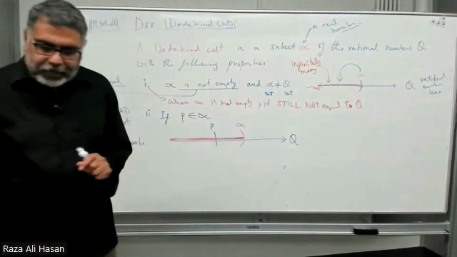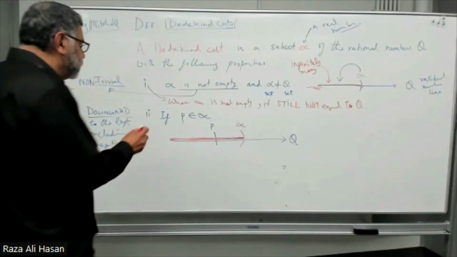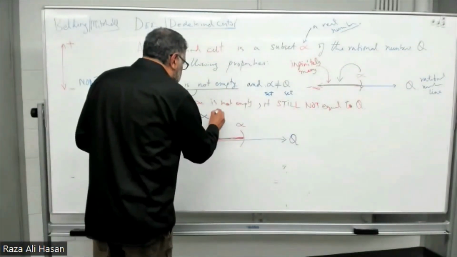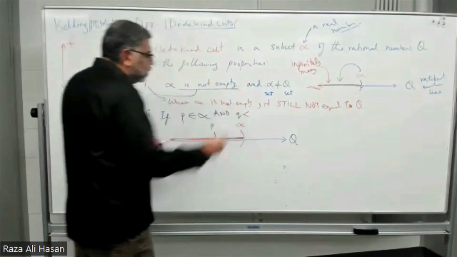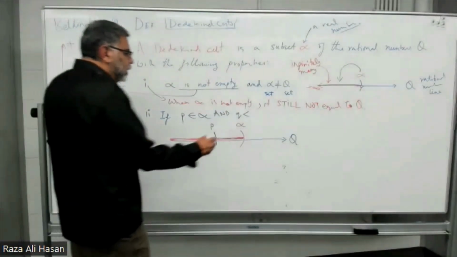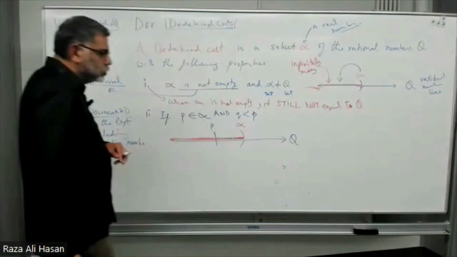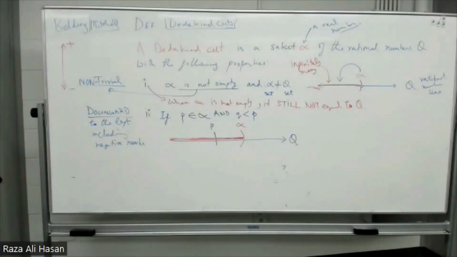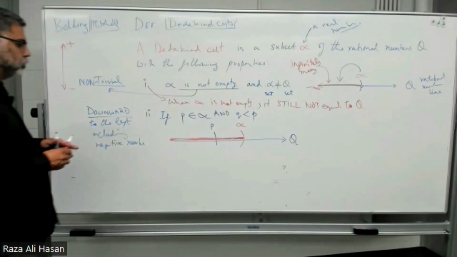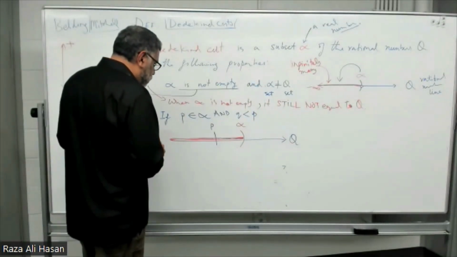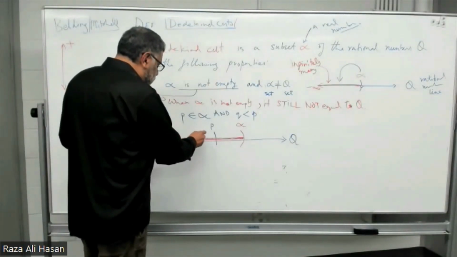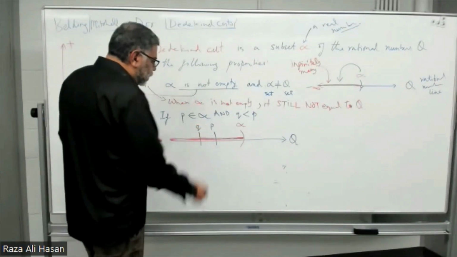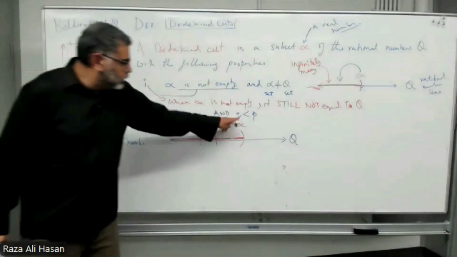And the next condition is, and Q, another rational number, is less than P. We have Q to the left of P.